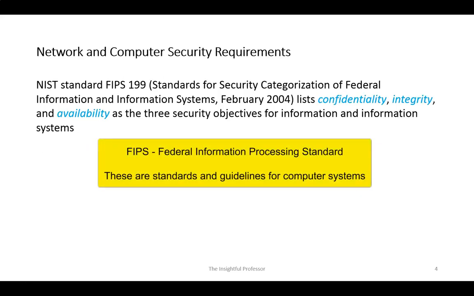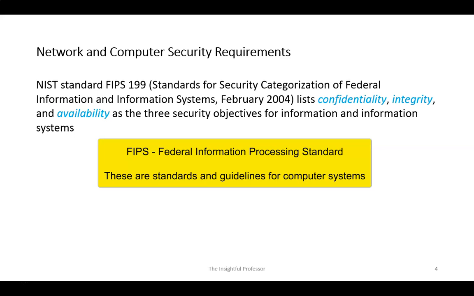FIPS are standards and guidelines for federal computer systems that are developed by the National Institute of Standards and Technology, NIST, in accordance with the Federal Information Security Management Act. These standards and guidelines are developed when there are no acceptable industry standards or solutions for a particular government requirement.